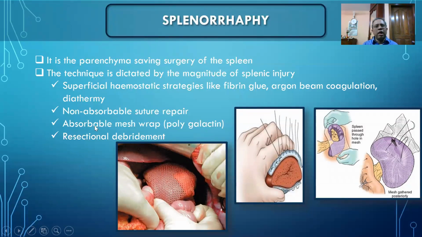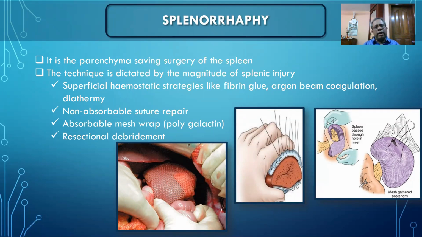If there are multiple injuries, you can wrap the splenic tissue with absorbable polyglactin mesh and make some stitches over the wrapping, so it acts as a reservoir and arrests hemorrhage by giving a compression effect, and saves the spleen subsequently.